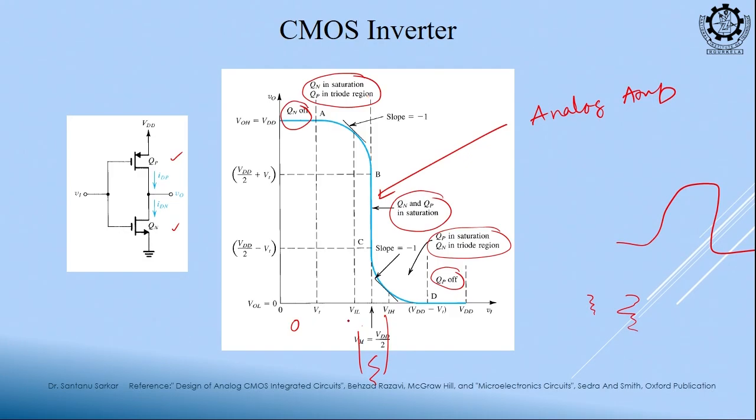VT to VIL, NMOS turns on in saturation, PMOS still in triode. In between both of them are in saturation. VIH to VDD minus VT, PMOS in saturation, NMOS enters triode, because VDS is falling, you see output is falling. And above VDD minus VT to VDD, PMOS goes off, NMOS still in linear region.